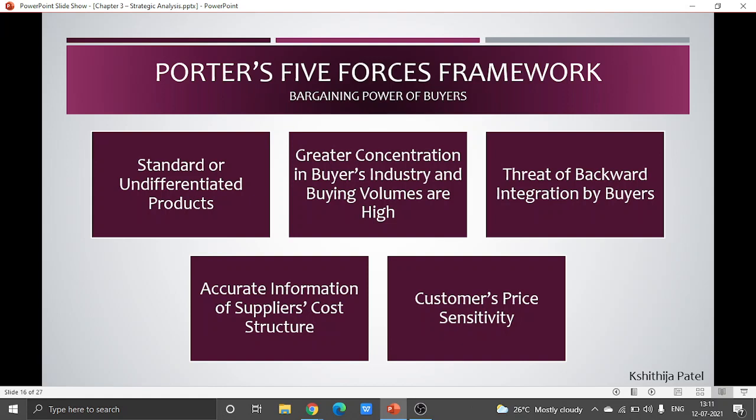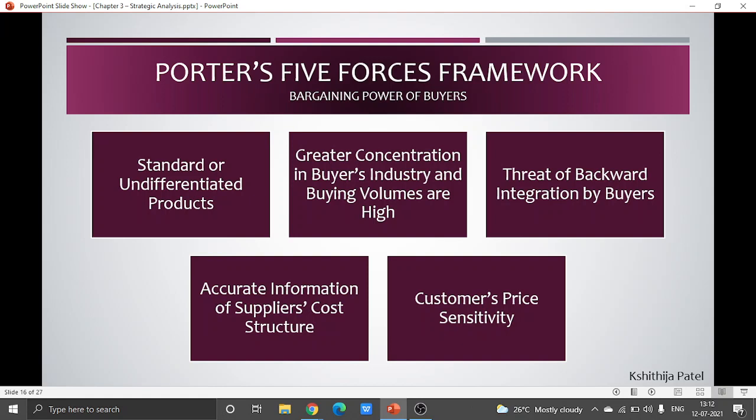Then we have the threat of backward integration by buyers. This is a situation opposite to that of forward integration, which the suppliers attempt so as to have command over the buyers. Here the buyers, in order to hold on to their position in a much stronger way in the market, may integrate their business backward, that is, close to the raw materials.